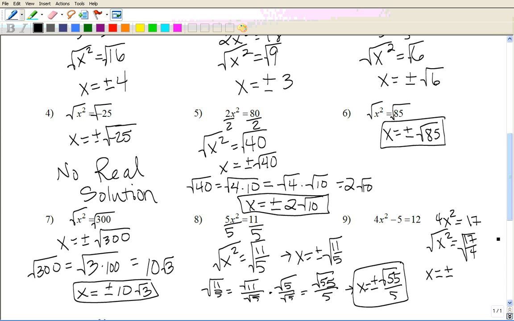If I split that into two separate radicals, that's the same thing as the square root of 17 over the square root of 4. Well, the square root of 4 is just 2, so I have plus or minus the square root of 17 over 2. And that's your answer right there, because square root of 17 cannot be simplified anymore.